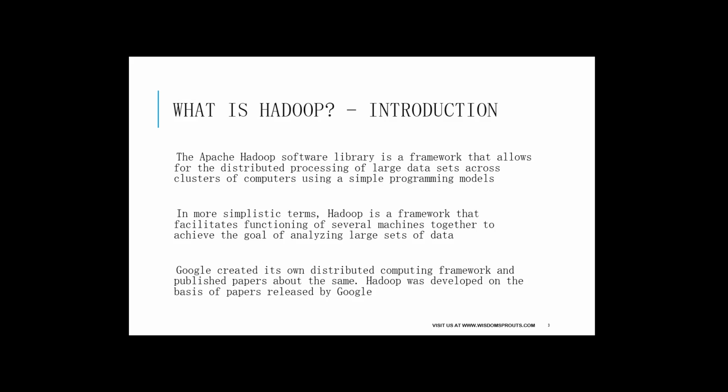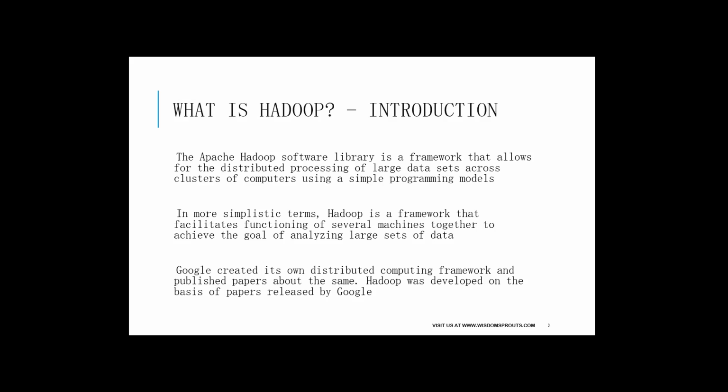But now wait a second. Who was the first one who realized that big data is going to be a pinch? The largest source of data, Google, was the first one who realized that big data is going to be a problem in the future. So they came up with their own framework called Google File System, the GFS. They also realized that they are not the only ones facing this problem of big data, and very soon others may face the same problem.